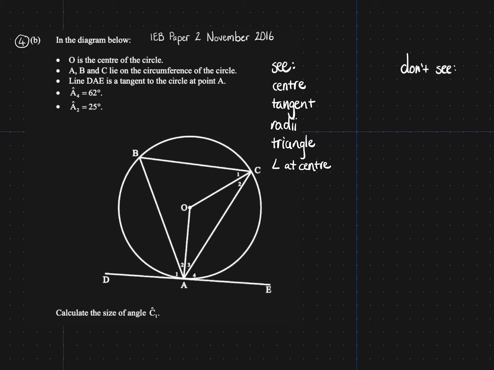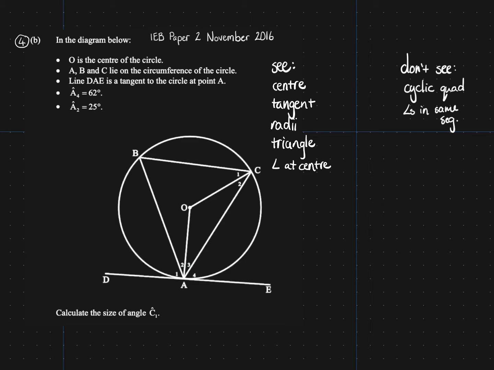That looks like everything for now. What I don't see is a cyclic quad, which means I also don't have angles in same segment. Let's leave it at that for now.